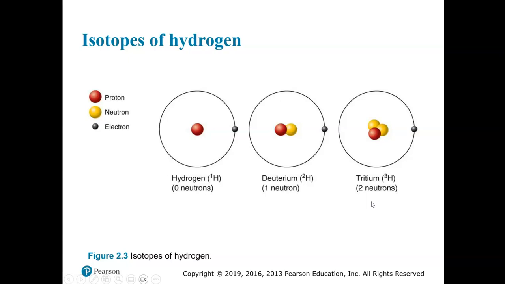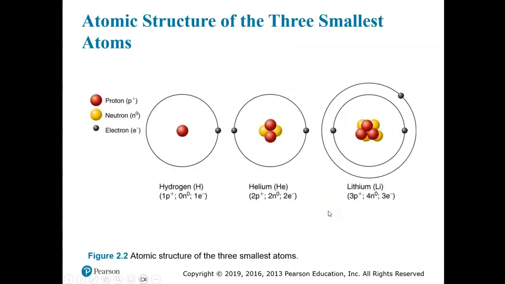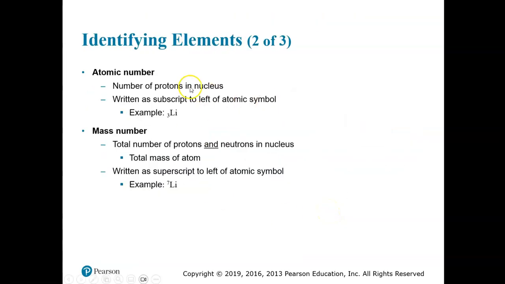And another isotope of hydrogen is tritium, which has a mass number of 3 because it has 2 neutrons plus the proton. Going back to the definitions real quick, the atomic number is the number of protons in the nucleus. The mass number is the number of protons plus the neutrons.